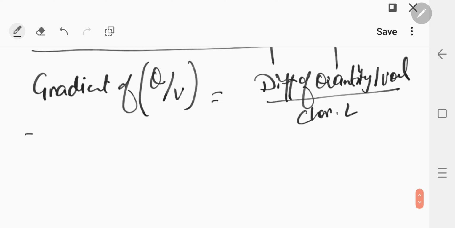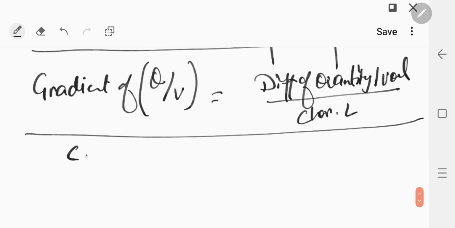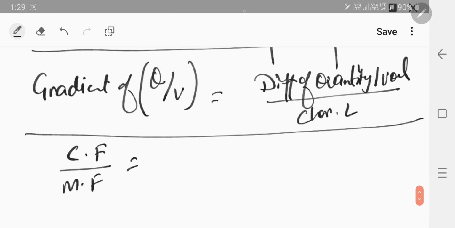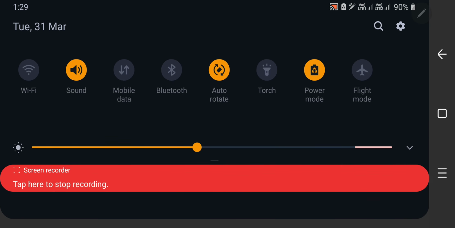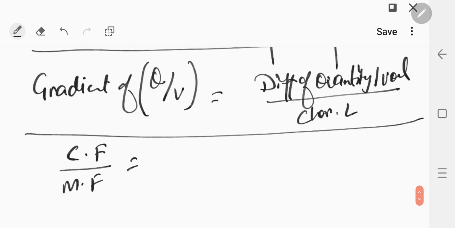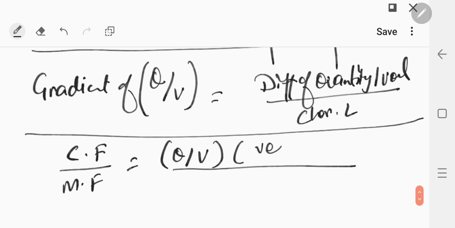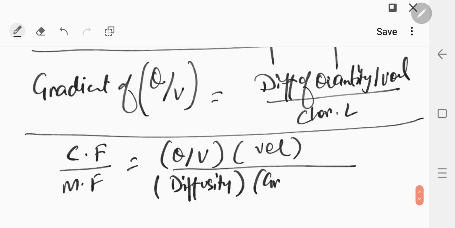Sorry for that. Now if we take the ratio of convective flux to molecular flux, can I write it as nothing but the quantity per unit volume times the velocity, divided by the molecular flux, which is the diffusivity times the gradient of the quantity per unit volume.